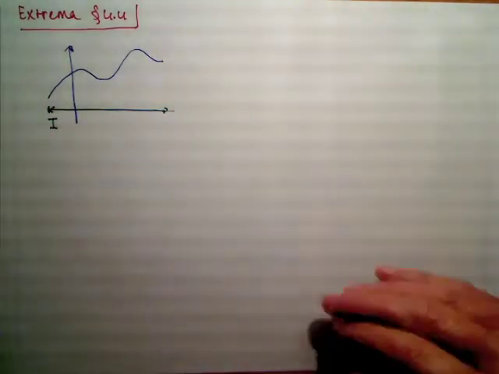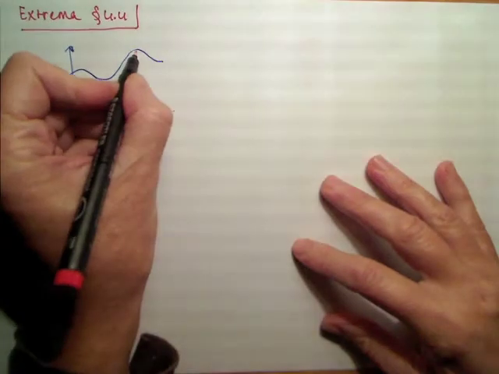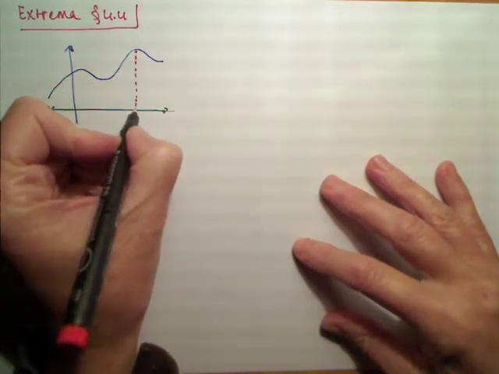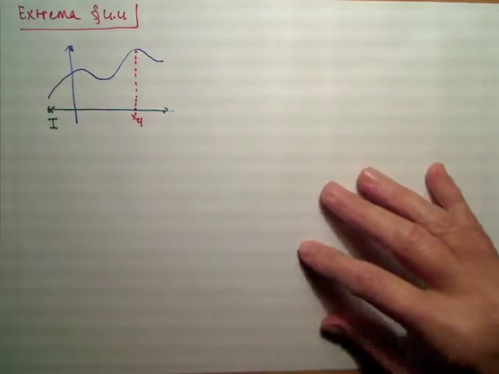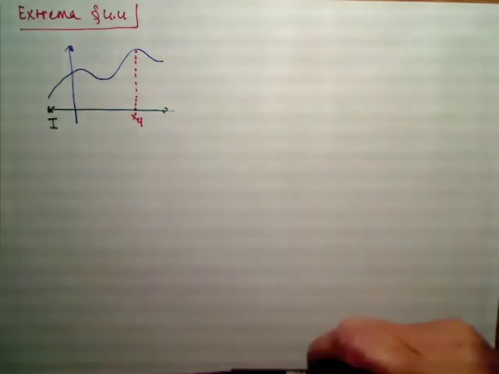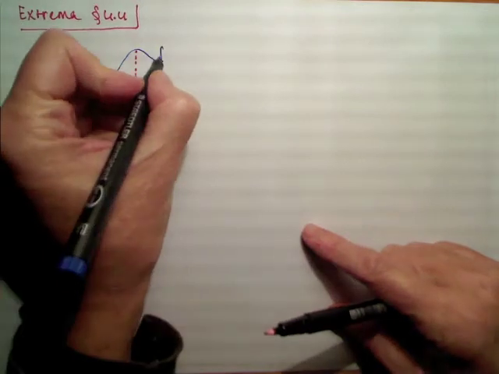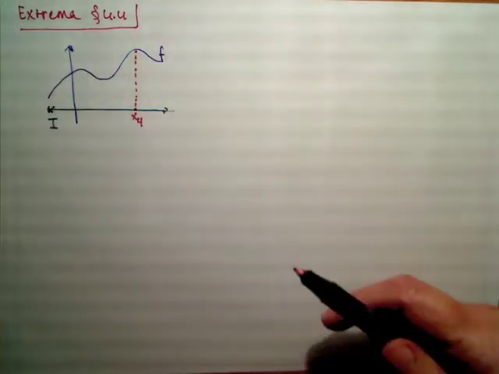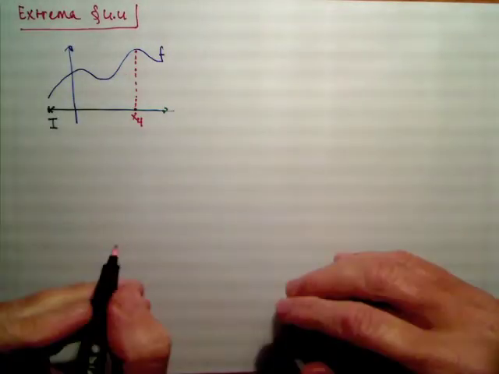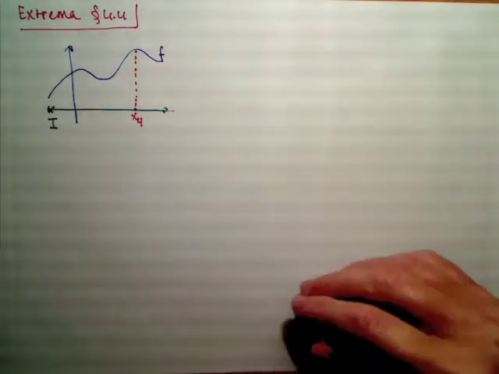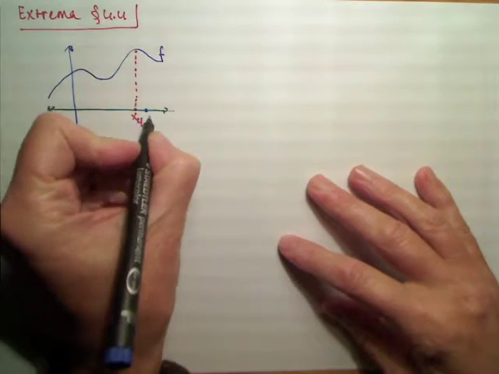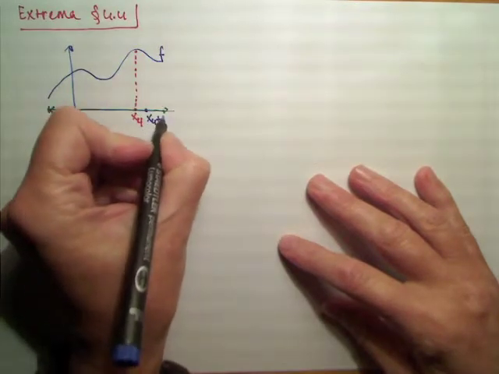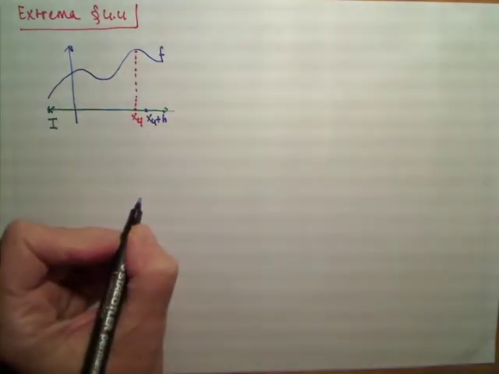And let us now look at this point, this maximum, so the point x4 from the previous video where f has a maximum. Now what do we have in such a point? Well, if we compare the values at a point a little bit to the right of x4, say x4 plus h, what happens?